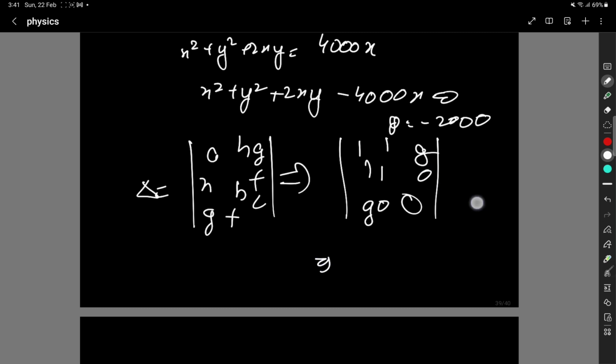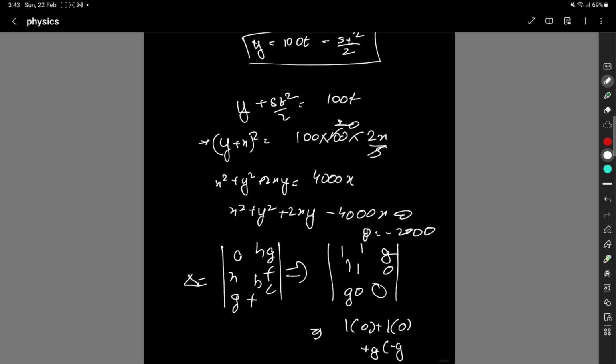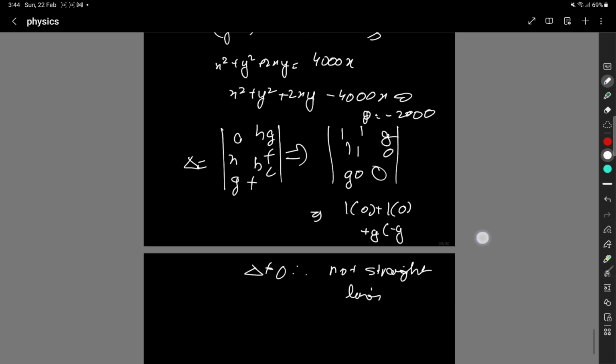This will come out to be 1 into 0 plus 1 into 0 plus g into minus g. So that is not equal to 0, therefore not straight lines.